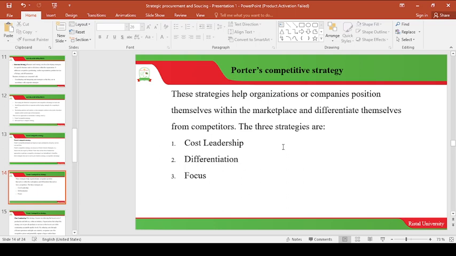So they want to be the cost leader in the market. And the other strategy that Porter thought of is differentiation.